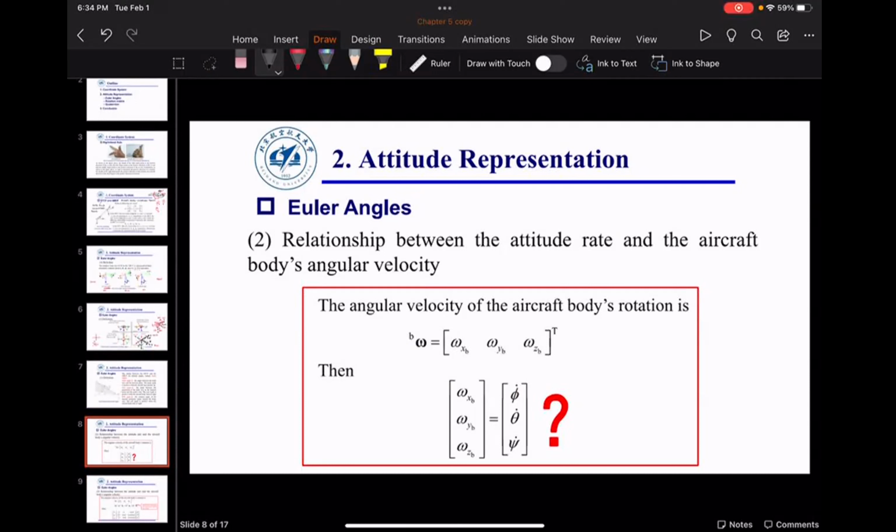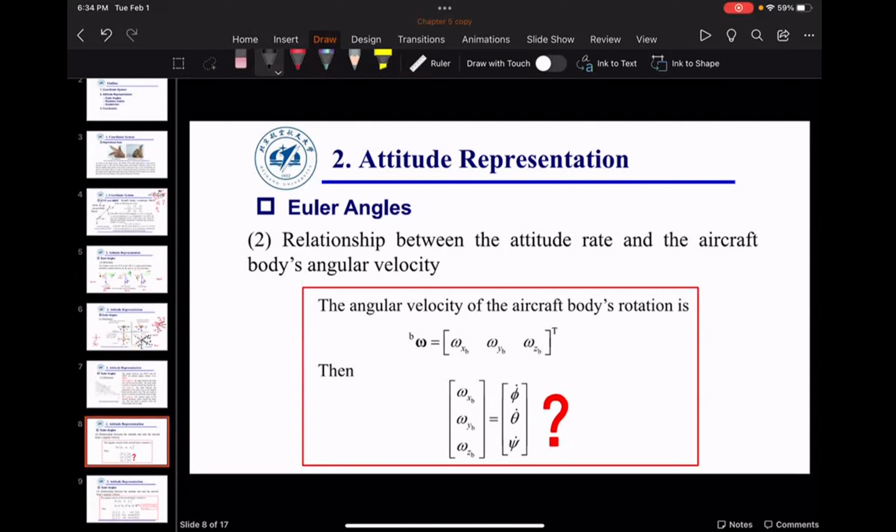The aircraft is rolling, pitching, yawing, but that velocity is measured in the aircraft coordinate frame. I want to know what that angular velocity is with respect to the inertial coordinate frame. Everyone understood this? That is the problem of determining attitude, which is roll, pitch, and yaw, and attitude rate, which is roll rate, pitch rate, and yaw rate.